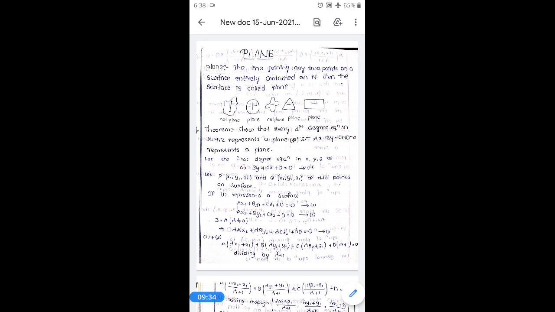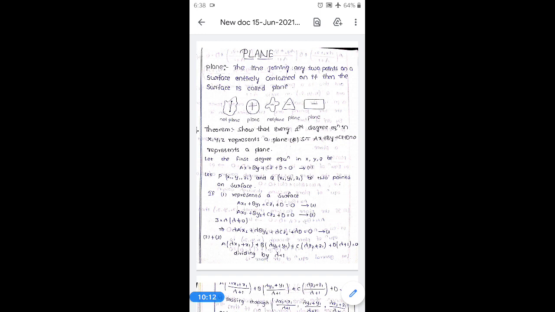The second equation is multiplied by lambda, for lambda not equal to 0. This will give A lambda x2 plus B lambda y2 plus C lambda z2 plus D lambda is equal to 0. Now adding the second equation with the fourth equation will give A into (lambda x2 plus x1) plus B into (lambda y2 plus y1) plus C into (lambda z2 plus z1) plus D into (lambda plus 1) is equal to 0.